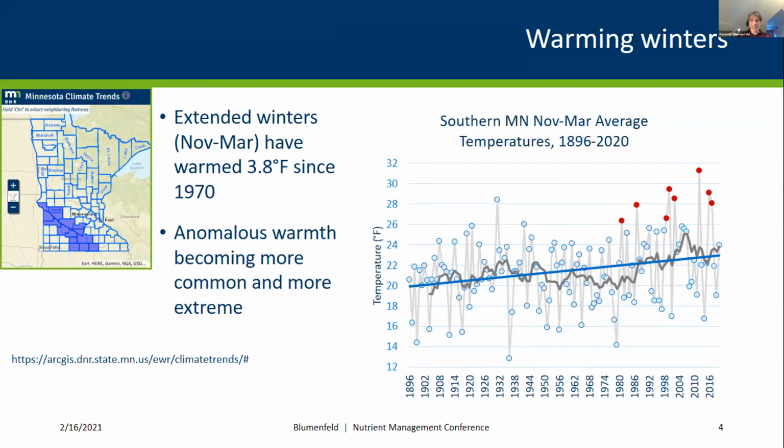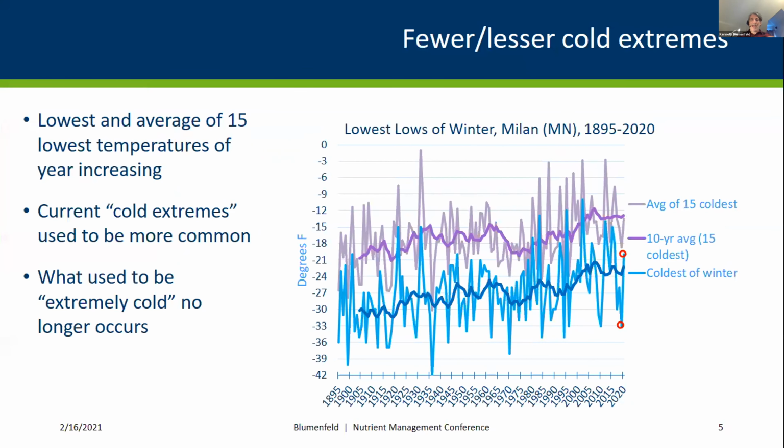There are other things we would talk about if we had more time. This is out in Milan in western Minnesota. You can see that the coldest day of the year just isn't as cold as it used to be. And I checked so far anyway, I think Milan hit -27 or 28 during this cold outbreak. So if you can see my cursor, that would be just above this lowest red dot, kind of up here.